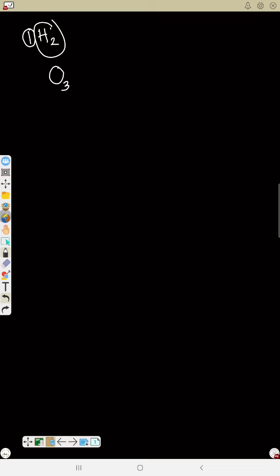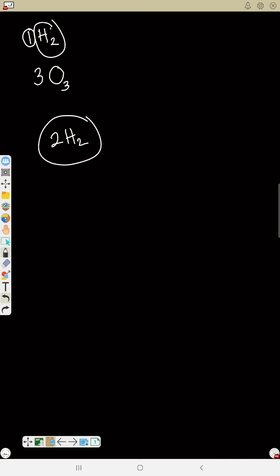If I have a 3 in front of this ozone, that is 3O3, this will be 3 molecules of ozone. If I have 2H2, this will be 2 molecules of hydrogen.